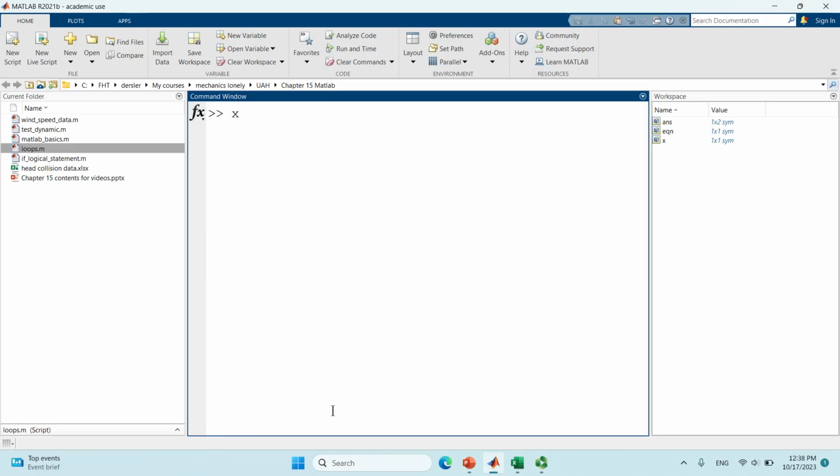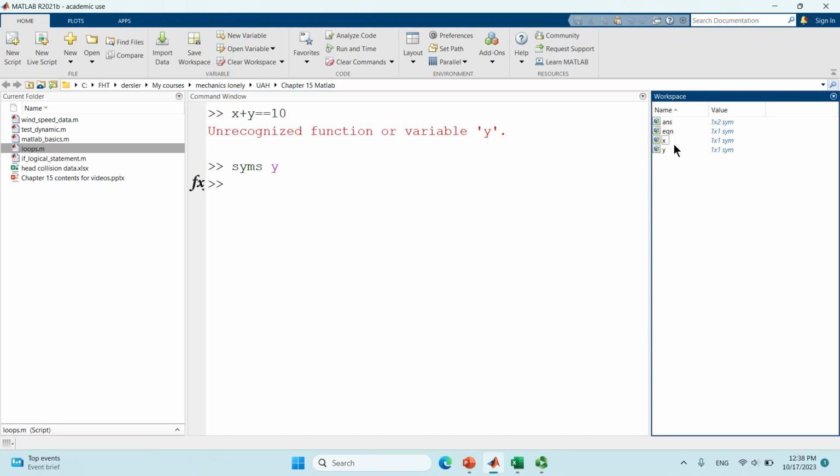So let me show the error first. x plus y is 10. You see, it doesn't recognize the variable y. So I have to insert that syms y as well. So now you can see that MATLAB knows the x and knows the y.